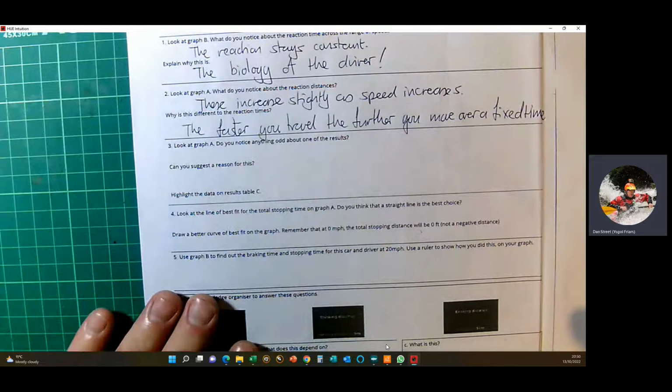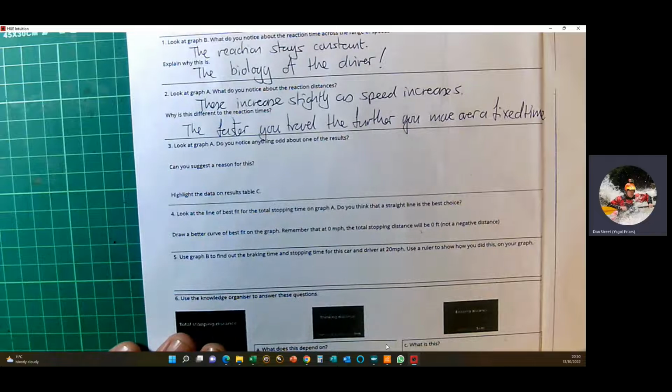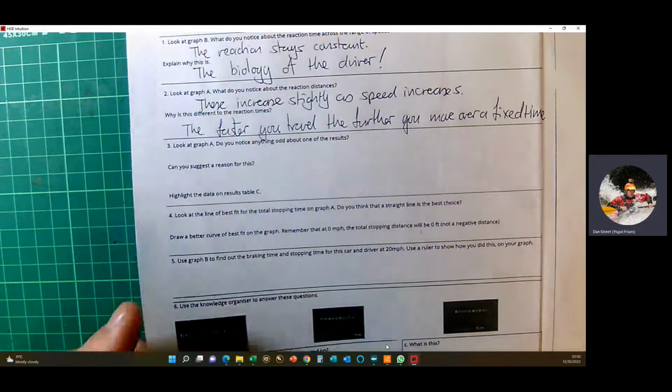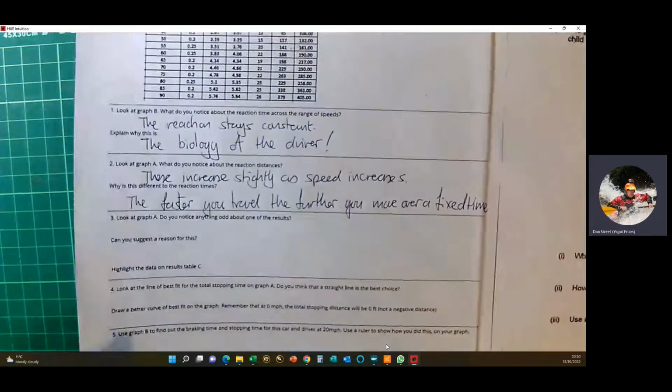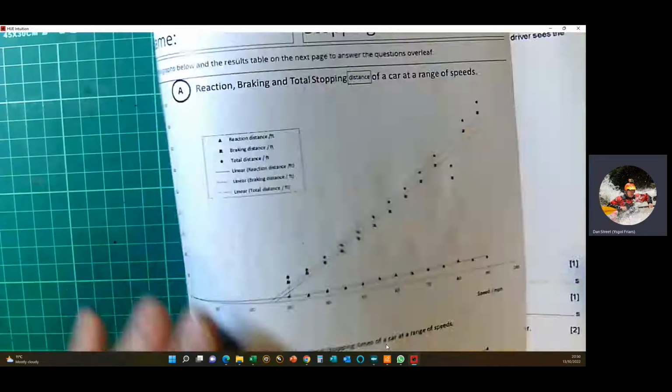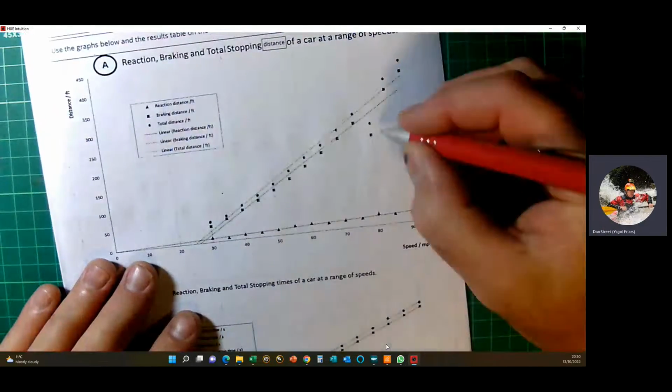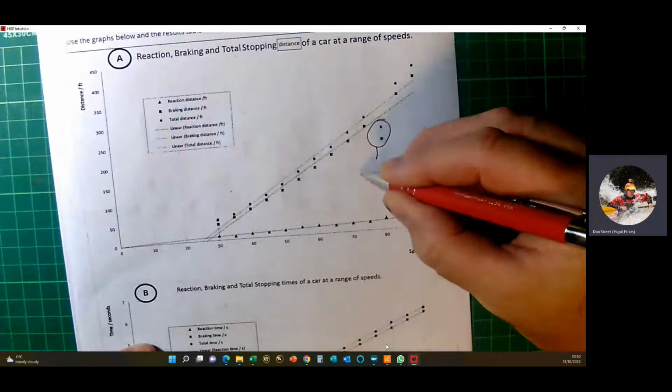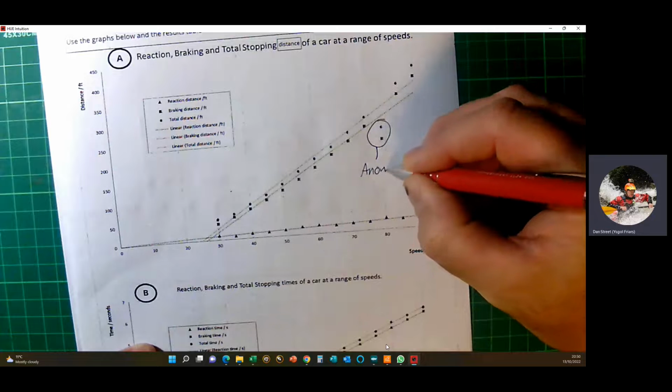Right, look at graph A. Do you notice anything odd about one of the results? So this is not so much a physics question as a data analysis question. This data here is clearly out of place. This data would be described as anomalous.